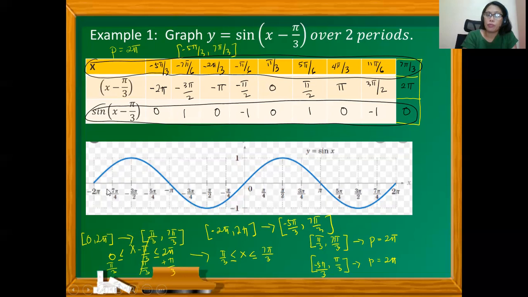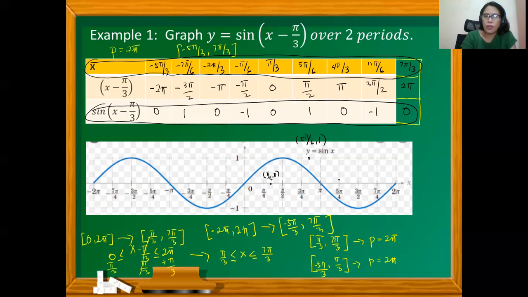So for example, we have negative 5 pi over 3. We can just work from pi over 3 until 11 pi over 6. So this is pi over 3, 0. And then 5 pi over 6, 1 would be somewhere here. So this is 5 pi over 6, 1.